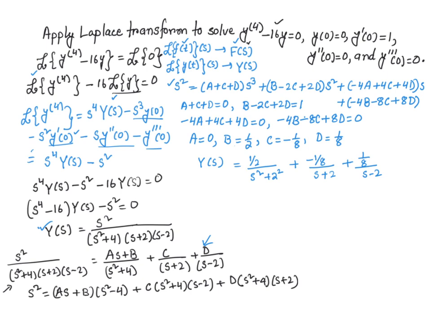Now I'm going to do a little bit more simplification. Y of s is equal to 1 over 4 times 2 over s squared plus 2 squared, then negative 1 over 8 times 1 over s plus 2, plus 1 over 8 times 1 over s minus 2.